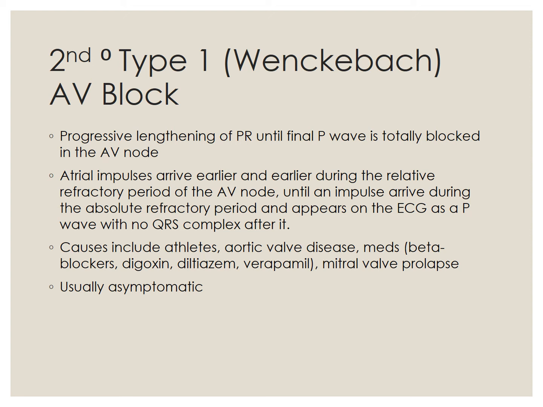So again, with second degree type 1, there are more P waves than QRS complexes. When you're measuring your PR interval, it starts smaller, then gets a little bit bigger, and bigger, until there is no QRS at all. Then it starts over again. So it's just marching out, getting larger, larger, larger, drop a QRS.